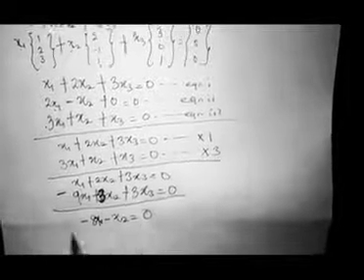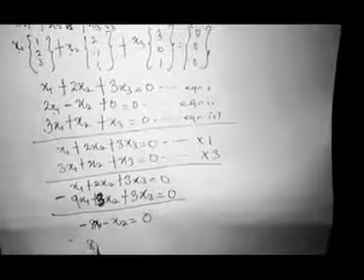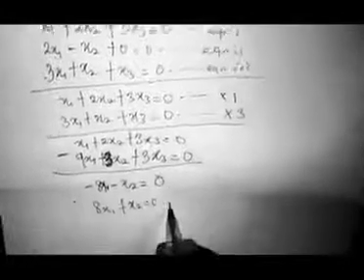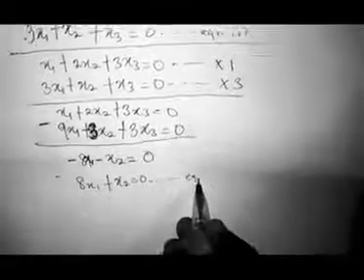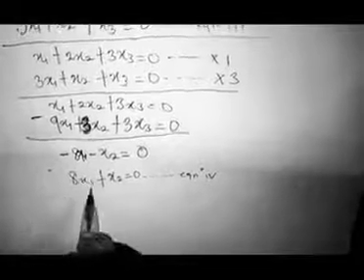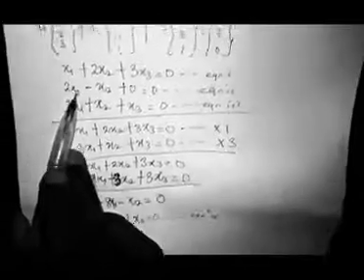So you can multiply through by minus 1, and you will be able to have 8x1 plus x2 equals 0. Call this one equation 4. So you can now say that your equation 1 and your equation 2 are the same.